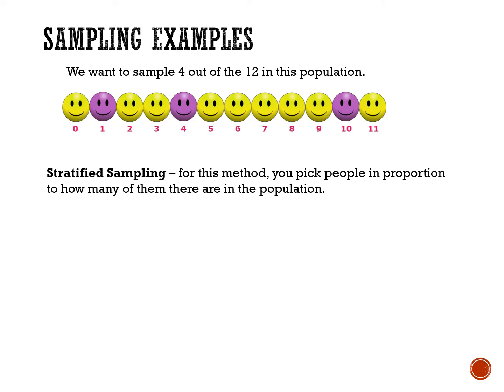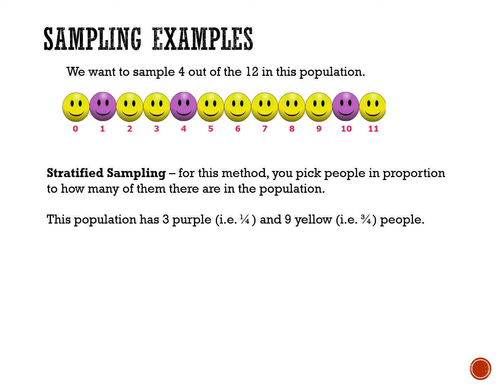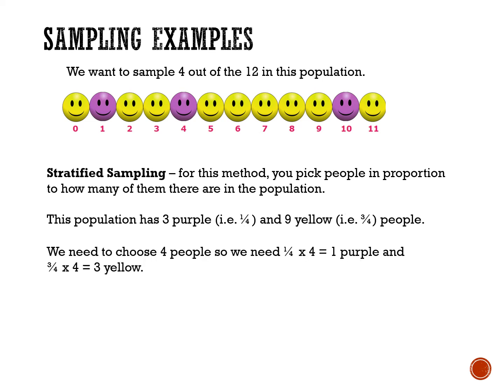If we look at our 12 smiley faces, 3 of them are purple, so 1/4 are purple, and 9 of them are yellow, so 3/4 are yellow. So when I need to pick 4 people, we want 1/4 of those to be purple and 3/4 to be yellow. So I want to pick 1 purple person and 3 yellow people. And that's going to be my stratified sampling.